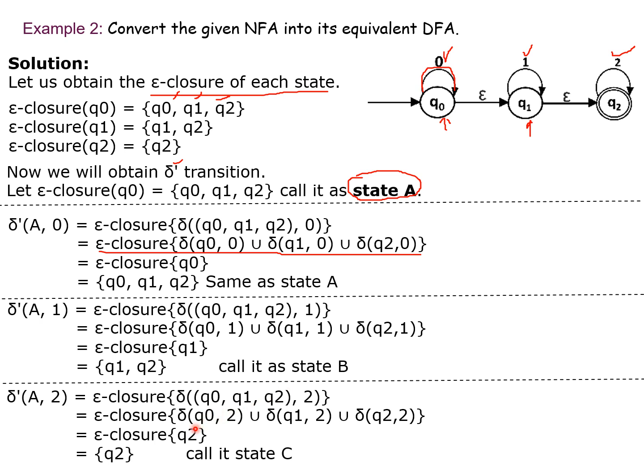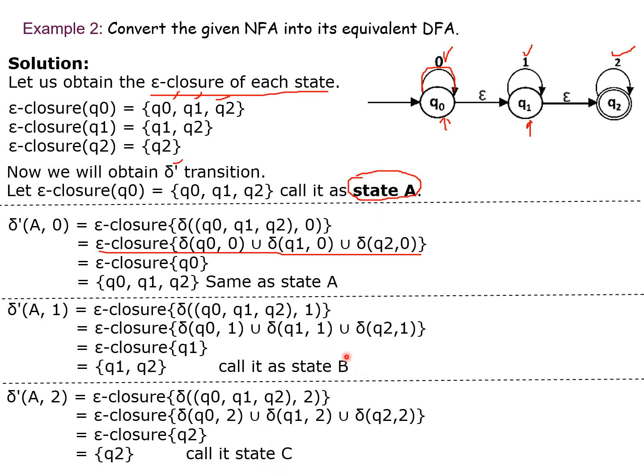There is no transition on Q0 and Q1 on 2; only Q2 on 2 goes to Q2 itself. E closure of Q2 is Q2 only. This is not similar to A and B, so call it C. From A, taking transitions, you get the new states B and C.